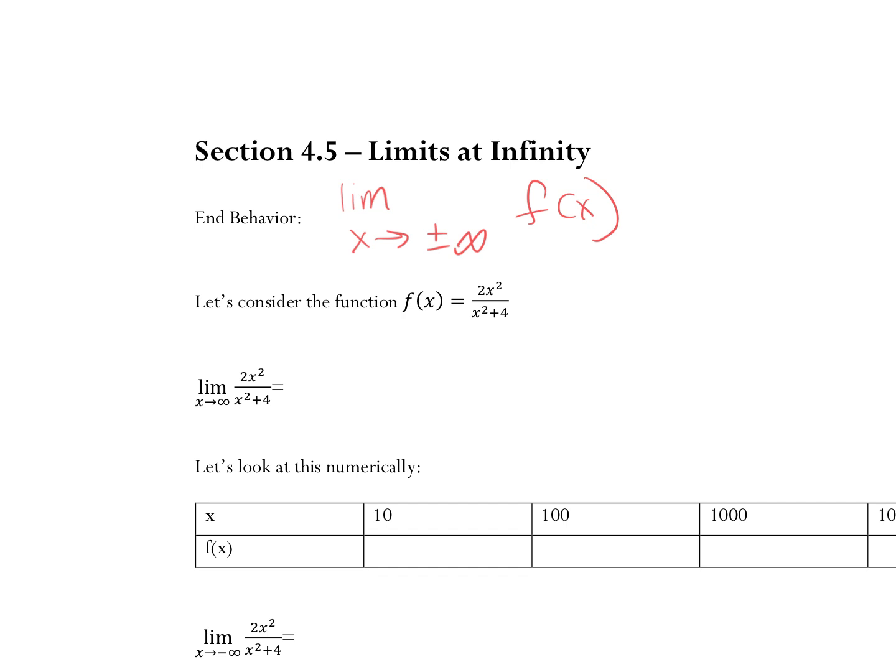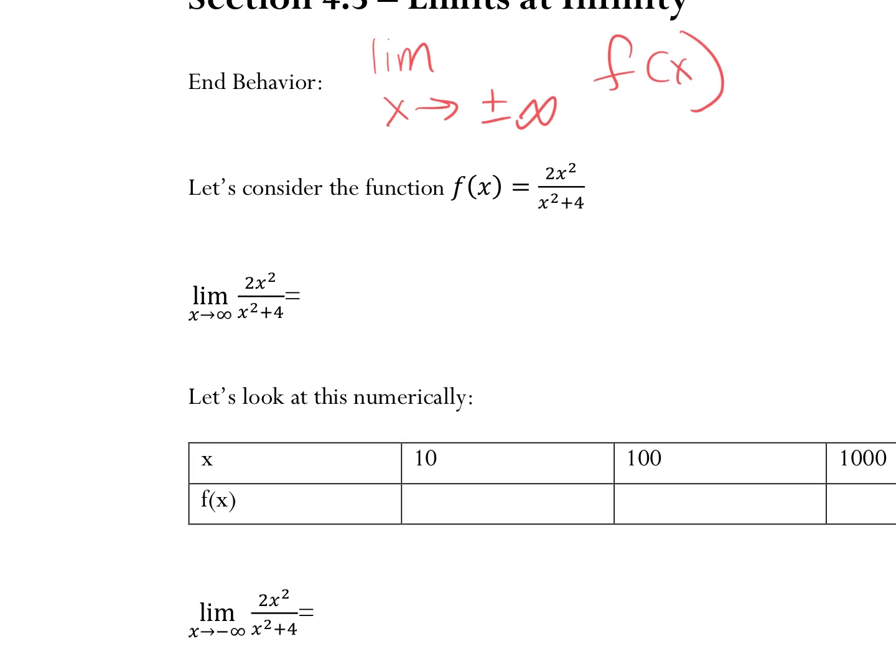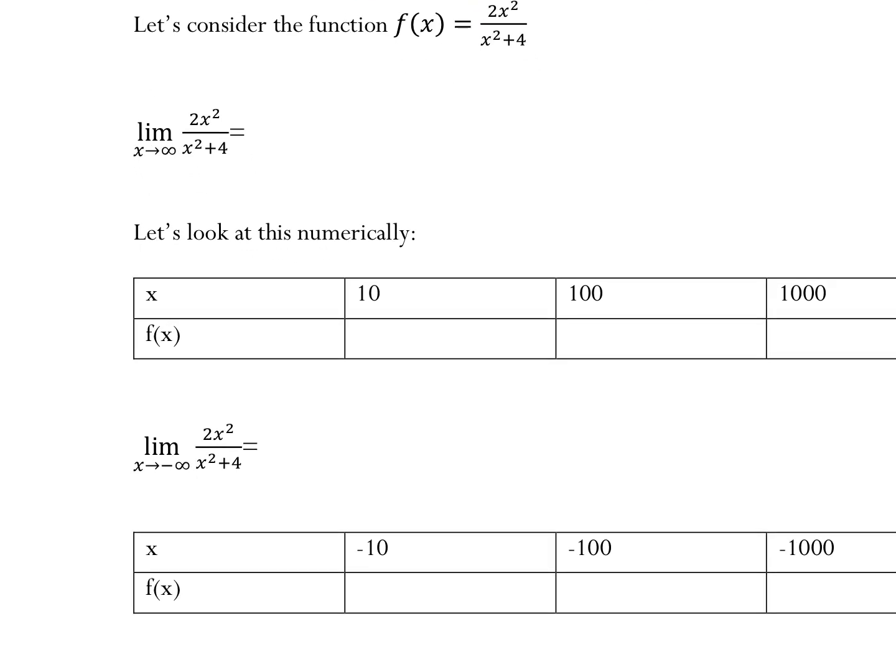All right. So let's consider the function 2x squared over x squared plus 4. In your brains, what does that limit equal? Do we have an idea? Sorry, thanks for playing. So let's play this out real quick. If I plug in 10, what do I have on top? 200.